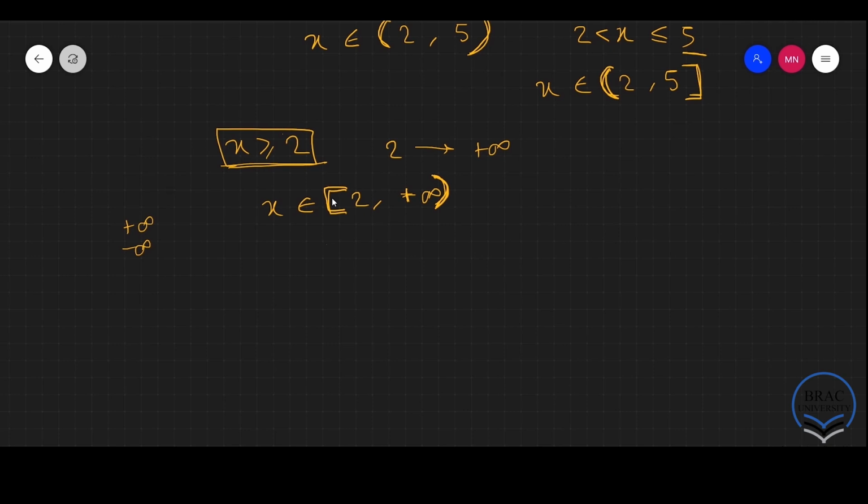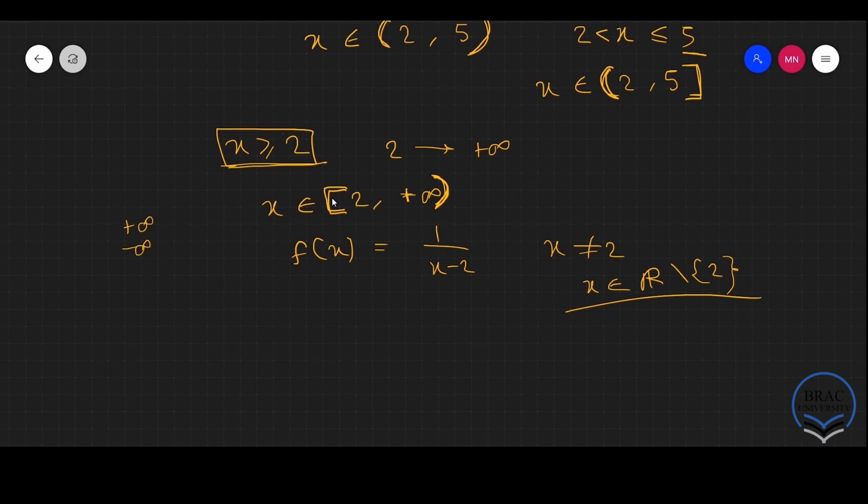So if we go back to the equation we were looking at, we had f of x is equal to 1 over x minus 2. We saw that x cannot be equal to 2, right? So x belongs to the set of all real numbers where x cannot be equal to 2. So this was our domain.